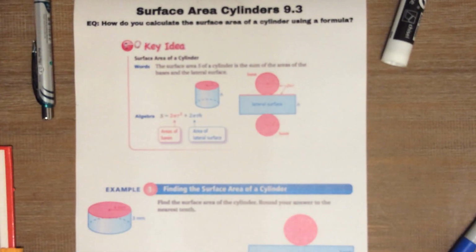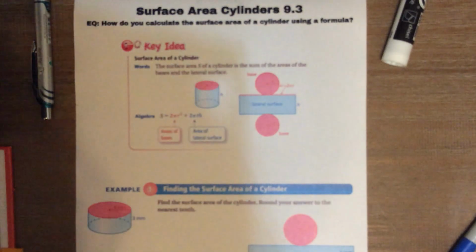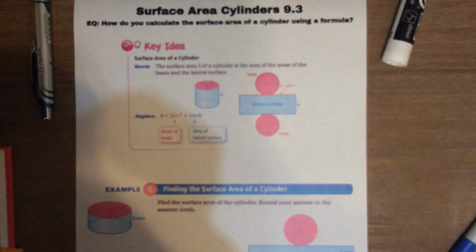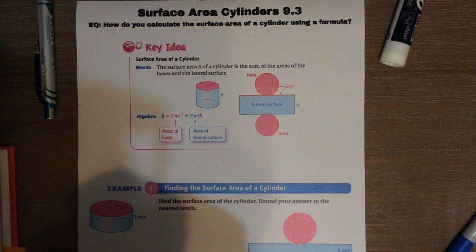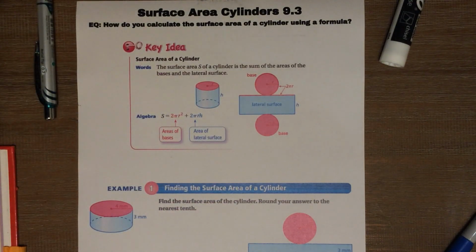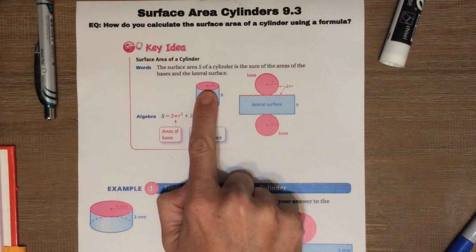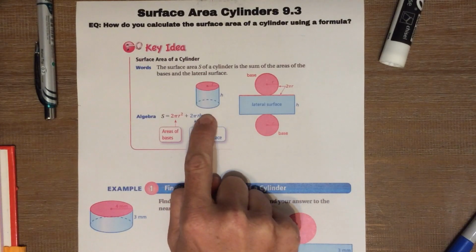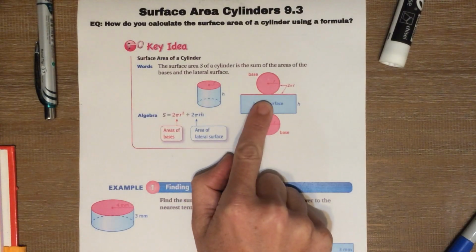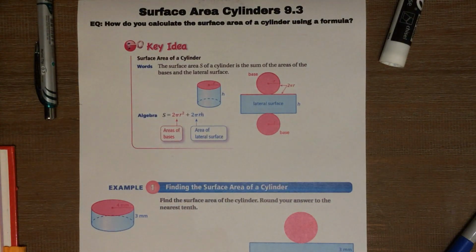Okay, how do you calculate the surface area of a cylinder? Using a formula. So you can see that you have the circle top and bottom, and then your lateral surface. We call it a surface, not a face, because it's not flat when it's in a cylinder.